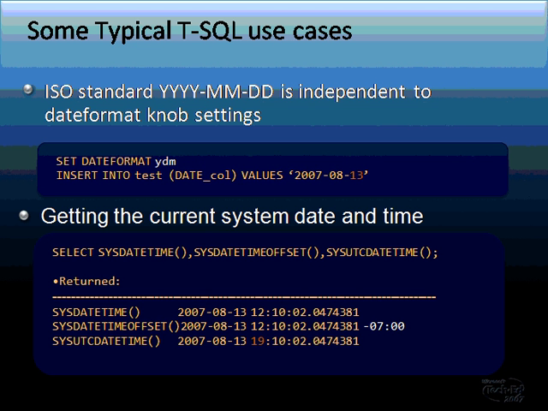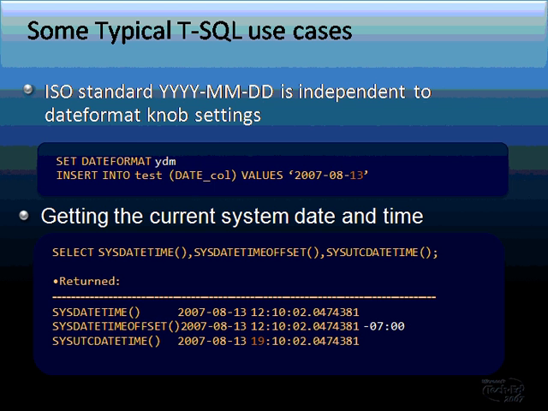The first use case is that in this new release, for the new types, we added standard support to make sure the ISO standard date format, which is a four-digit year followed by month and day, is independent of the date format or the language setting.